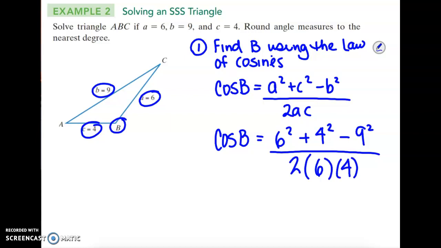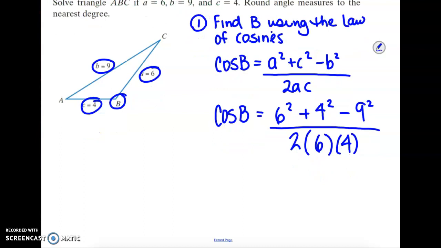You would substitute that into your calculator, the right side. You might want to simplify just the numerator first, and then the denominator second, like that. All right, now what we have is the cosine of b equaling that fraction.